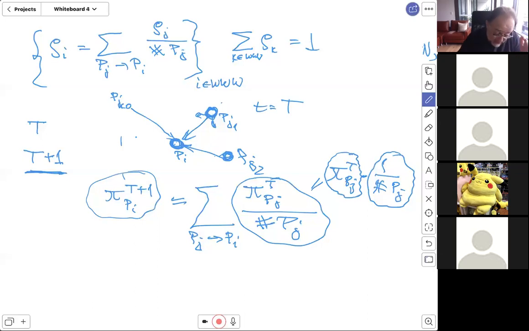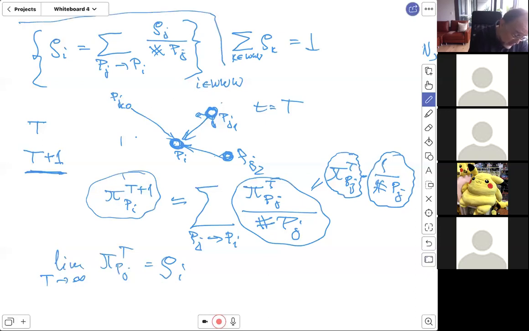So this value that all of these converge to, right? So the limit of pi PJ t when t goes to infinity. Well, if you call it rho I, then notice this becomes precisely the formula that we proposed.